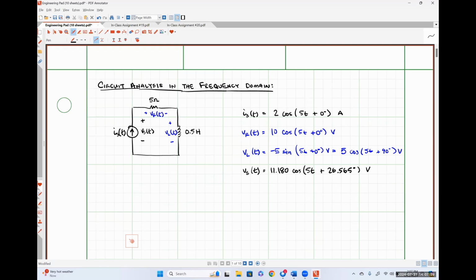So what I want to do today is to see if we can figure out a way to get rid of some of that pesky calculus and make a method for solving sinusoidally excited circuits that looks a lot more like the circuit analysis that we are used to.